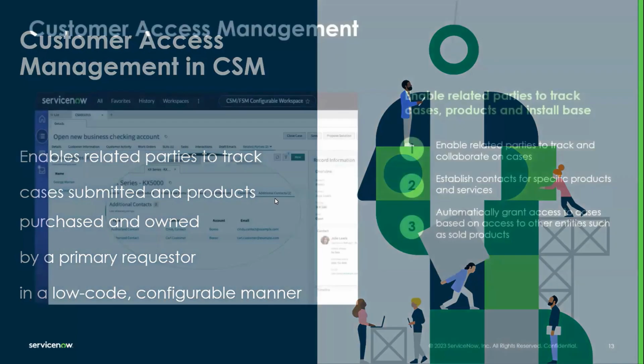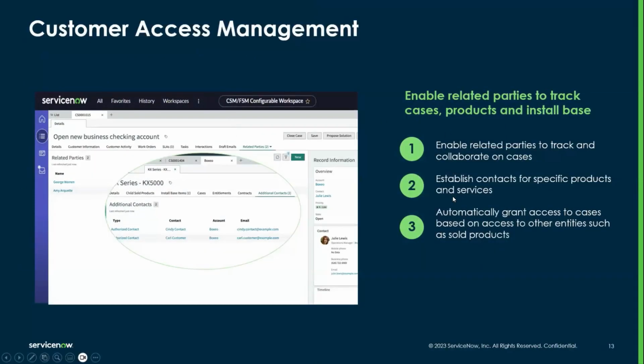So how do we do that? The customer access management capabilities in CSM let you establish specific contacts, specific access for specific cases, products, and services. And there is even a level of, let's say, automatic access based on other entities.